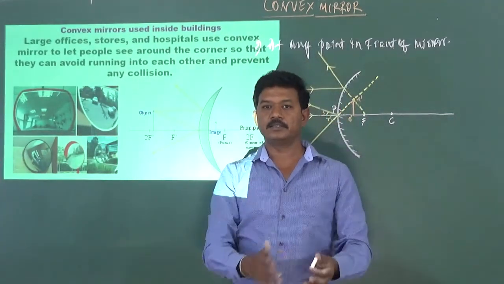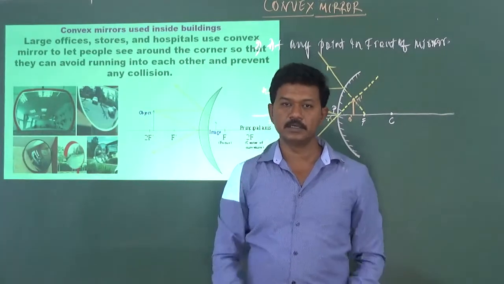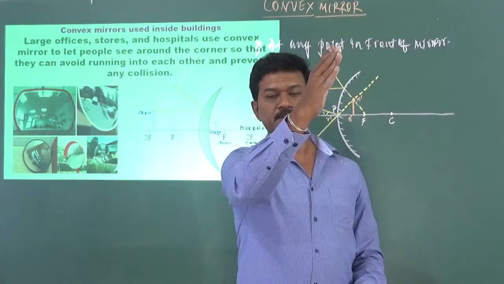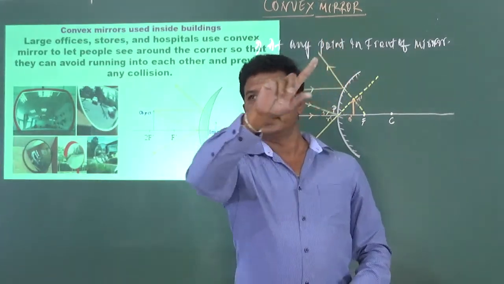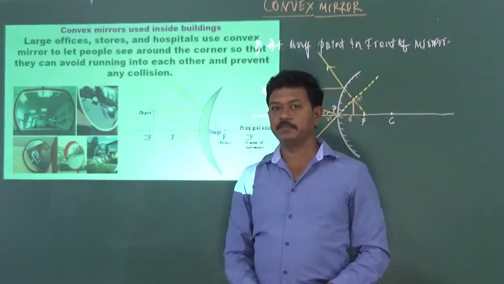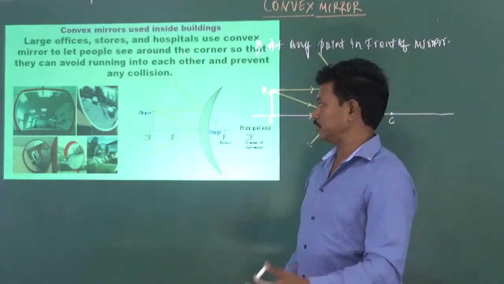Suddenly if a vehicle comes, it may result in an accident. So if you are going on the road and you see the mirror which is fixed at the diagonal end, you can also see the vehicles coming from that road. So we can prevent accidents using convex mirrors.